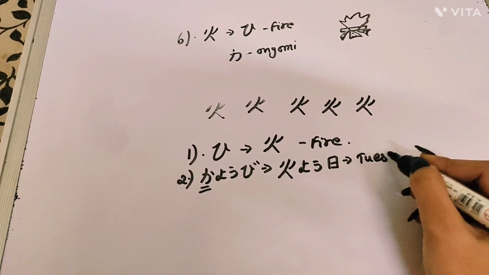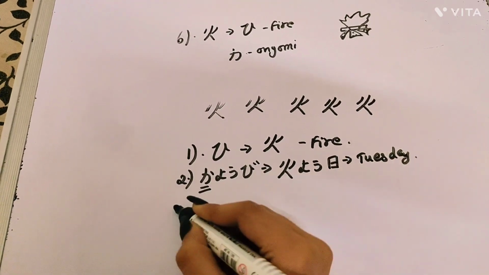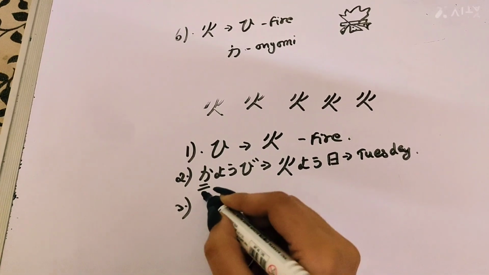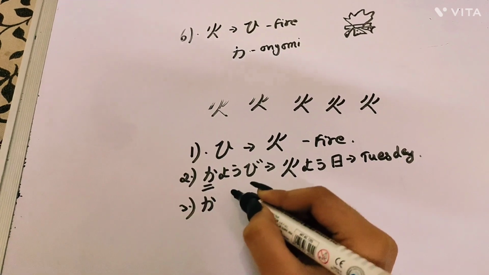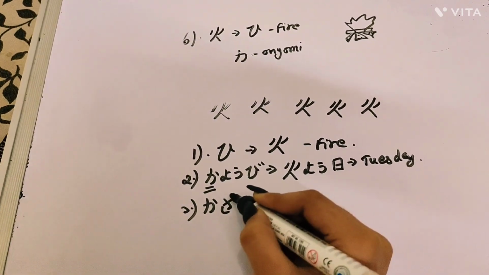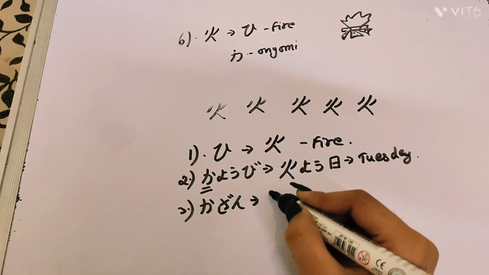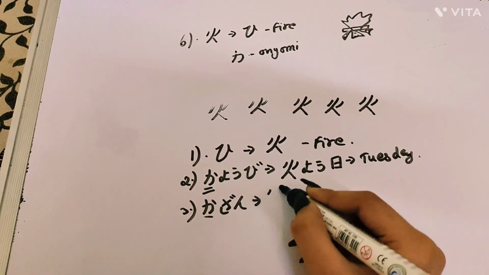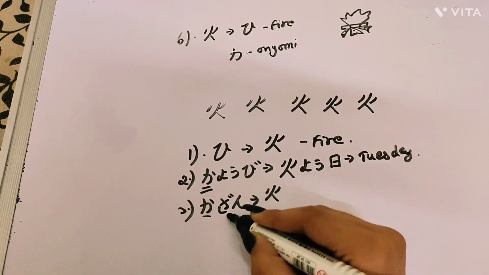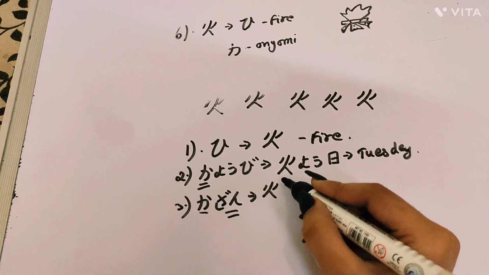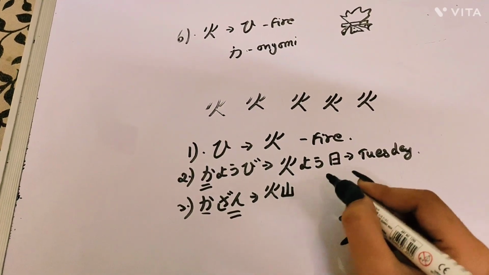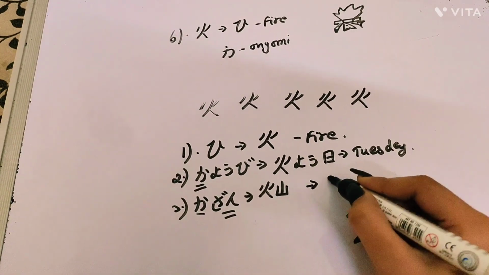Kayobi is Tuesday. Next word is kazan. Draw the kanji of ka, then zan. You know the kanji of zan? That Yama kanji, yes.